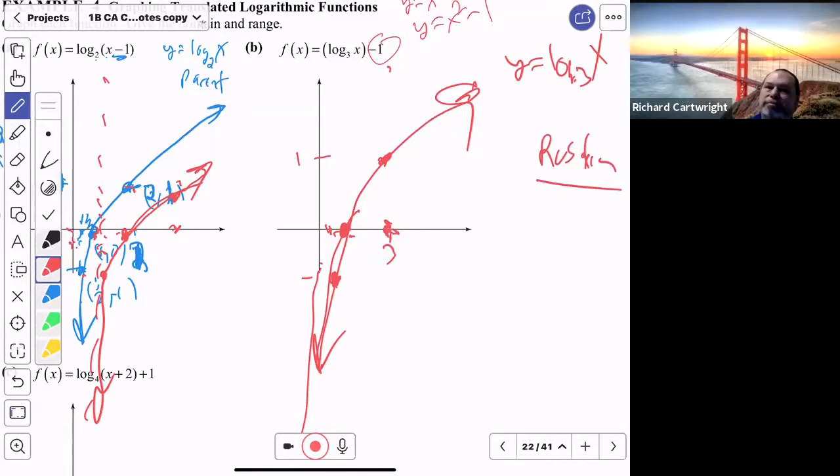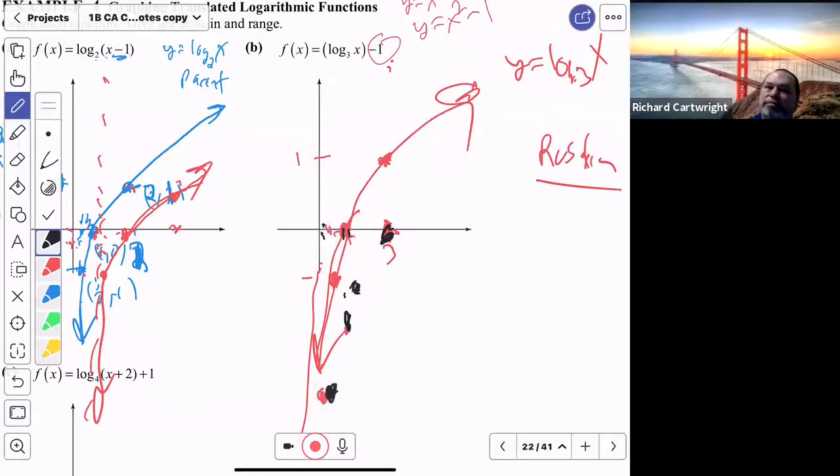So every point goes down how much? 1. So I'm just going to do government work. I'm not really labeling the point. That point goes down here. That point goes down here. That point went down here.